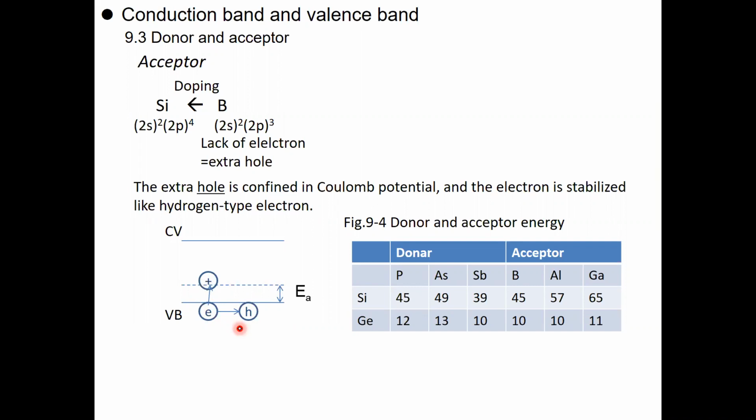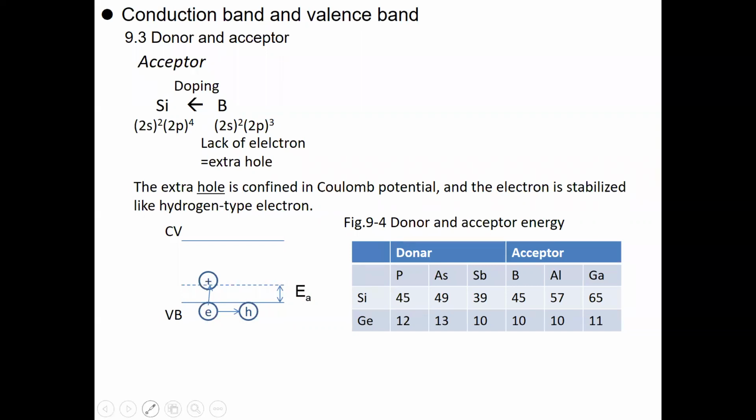So in this acceptor case, the density of holes can be controlled because this activation energy E_A, the acceptor energy level, is close to the thermal energy level.